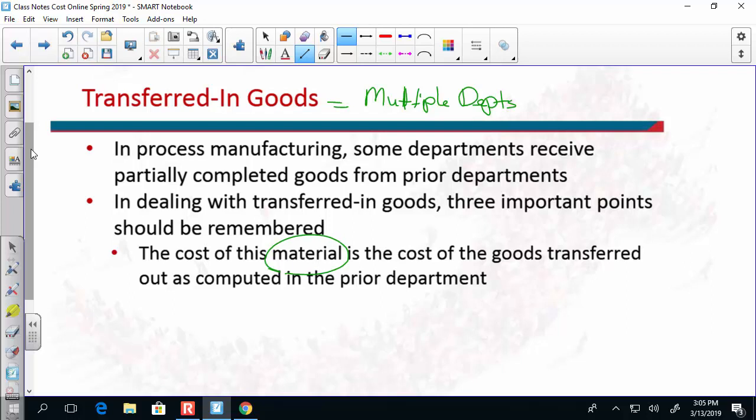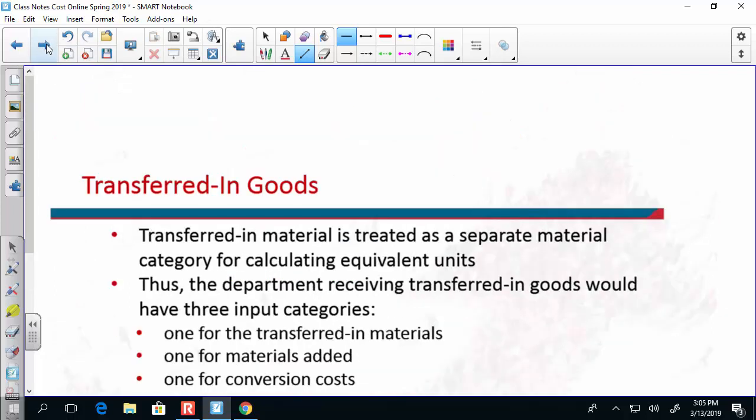I know it contains both material and conversion, but in reality it's treated like a material column. So take a look at that. Transferred in is basically discussed on pages 295 to the end of the chapter for the most part. So again, take a look at page 295 and forward, talks about transferred in.